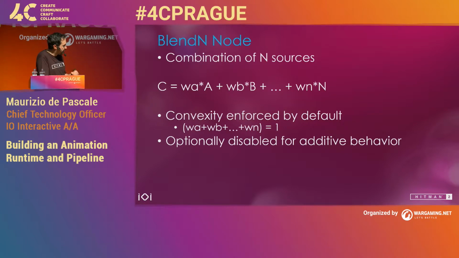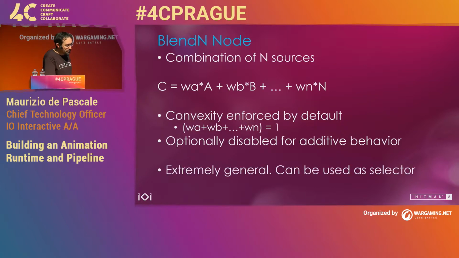On modern processors like PC and consoles, computation is really bounded by memory access pretty much. So doing a little bit of additional branching in the node itself, or at least at the beginning, outside of your main computational loop, didn't really affect performance for us that much. So what we decided to go with was one node, just one type of node, that is highly configurable, instead of implementing multiple specialized variations of this.